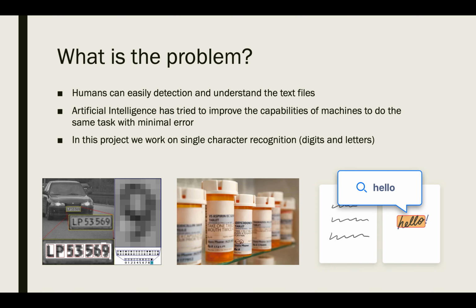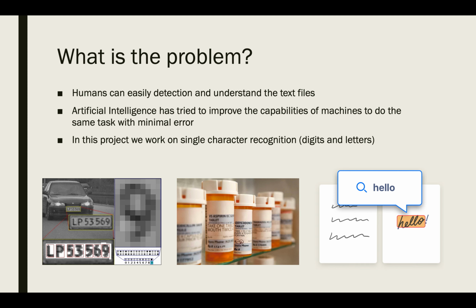First, we want to see the problem that we want to solve in this project. Humans can easily understand any text file in any context, and recently artificial intelligence has tried to improve the capabilities of machines to do the same task with minimal error. And they have achieved very good results in different contexts.